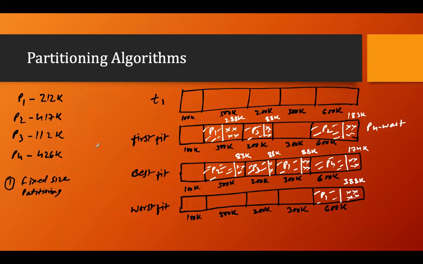It is an internal fragment. For 417, definitely it will come here because this is the next highest memory left, and it will leave around 83K of memory, of no use.